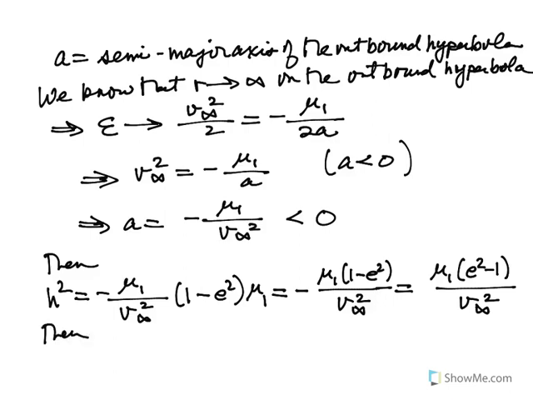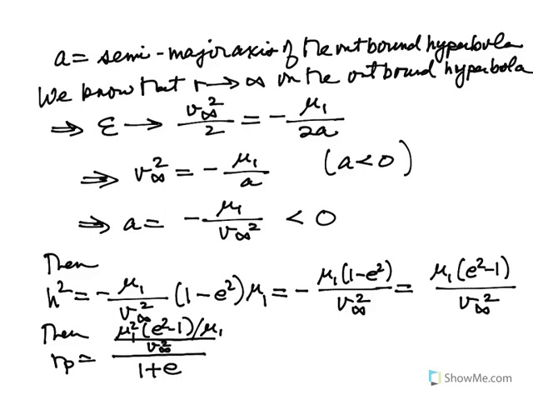So then we get that RP is going to equal this entire expression, which is going to be mu1 squared times e squared minus 1 divided by mu1, the whole thing divided by v infinity squared, and then the whole thing divided by 1 plus e, where I just did the full substitution to be able to get RP.